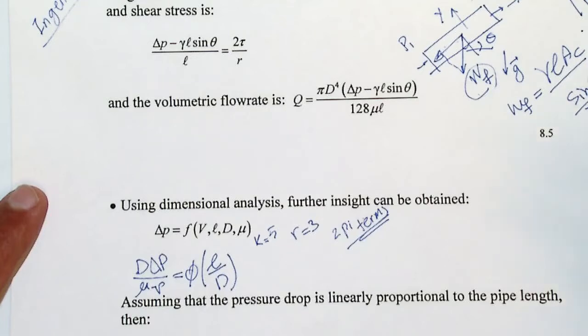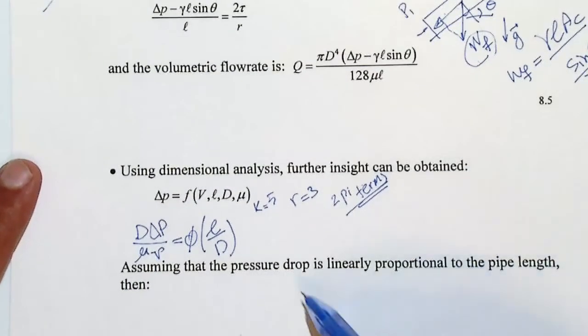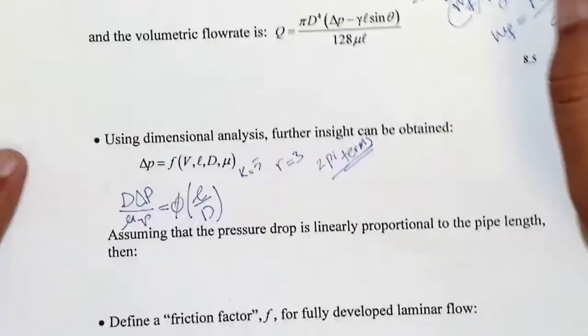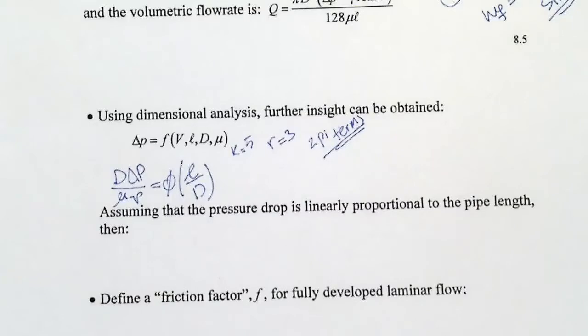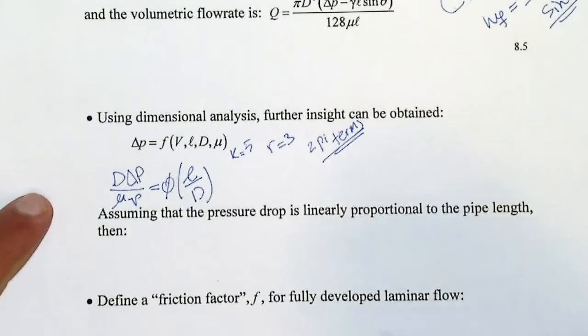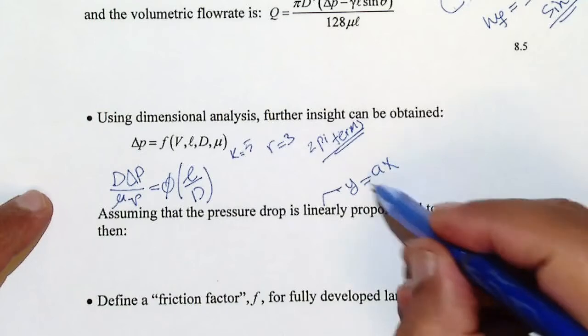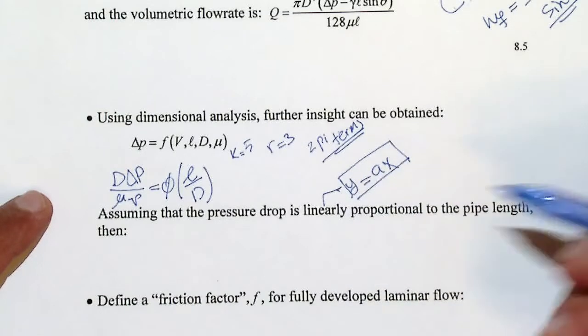Okay, if you assume that the pressure drop is linearly proportional to the pipe length, assuming means that they found it by experiment, right? If you assume that these two are linearly related, that means y is ax, right? That's the equation for a linear relation between y and x.